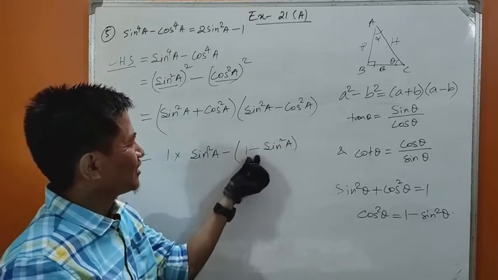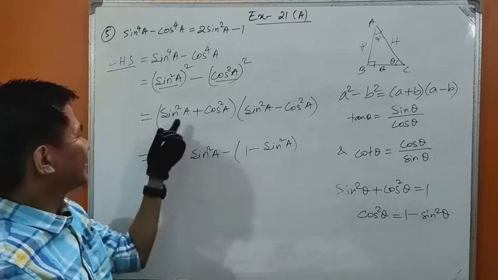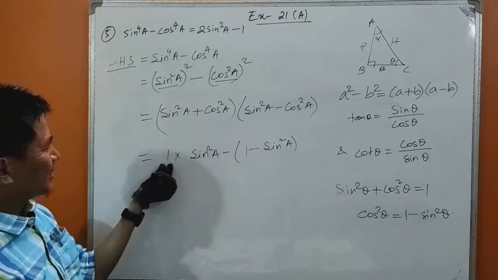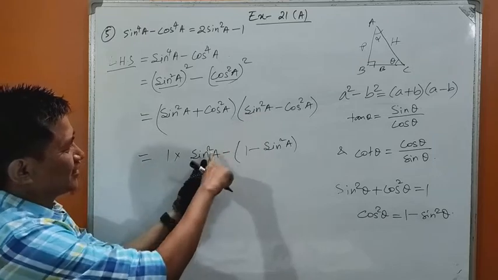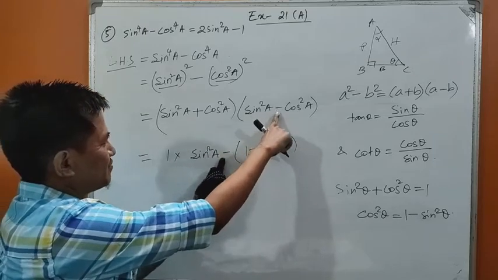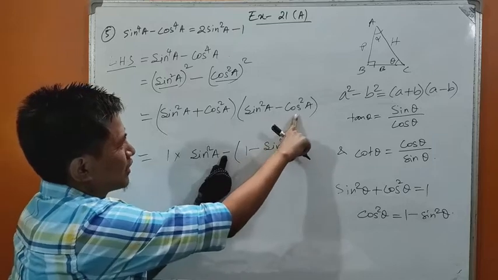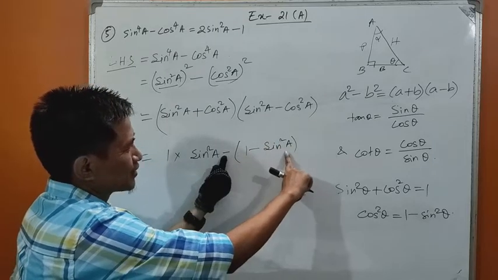This sin square a plus cos square a is 1, and this sin square a is this, minus this cos square a, which means 1 minus sin square a.